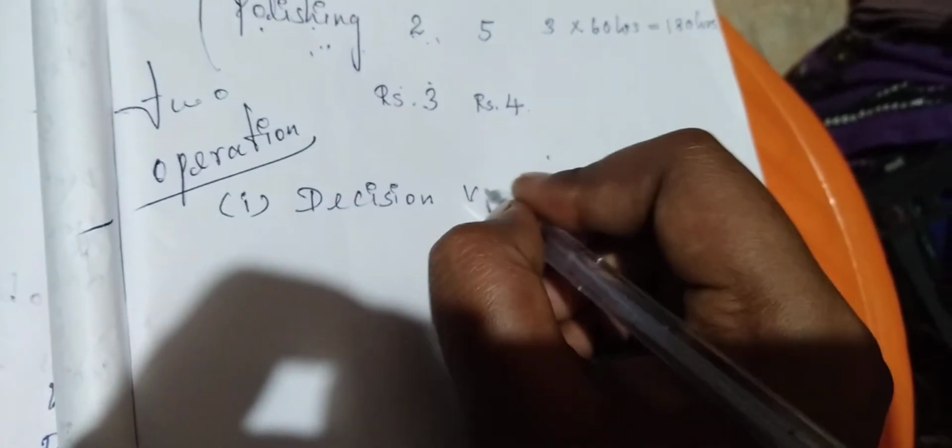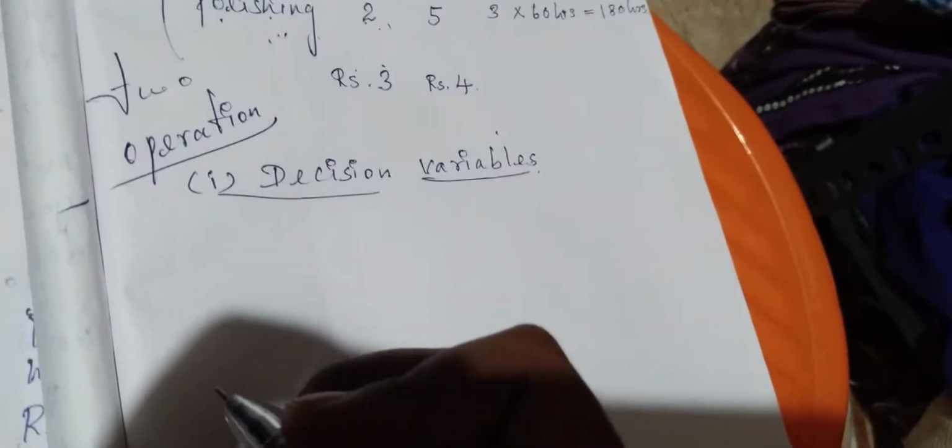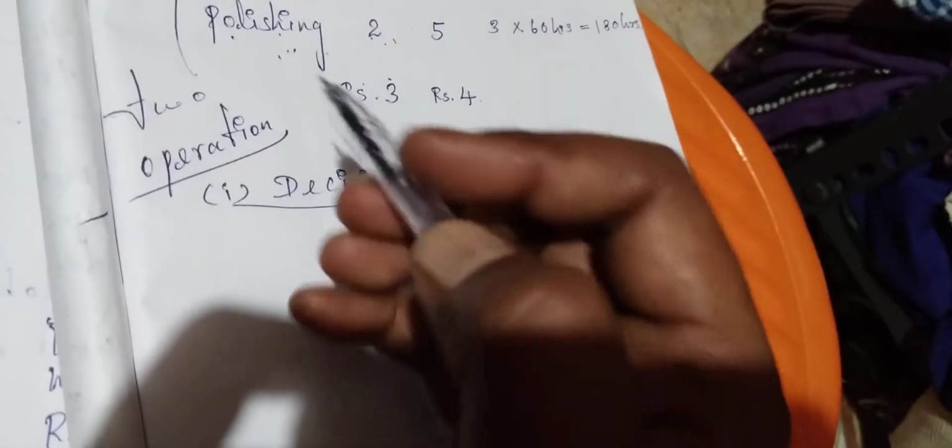From this, we need to write the solution. What is the first one? We need to write the decision variables. What are the decision variables?